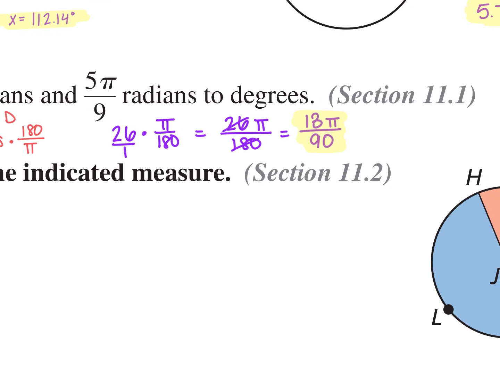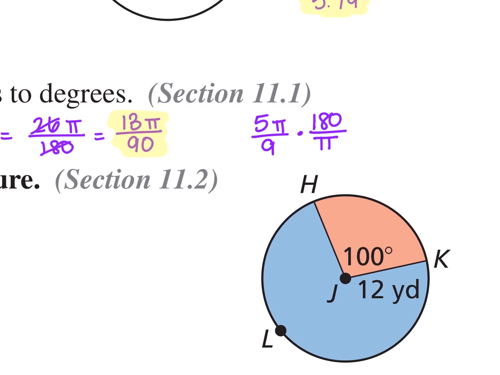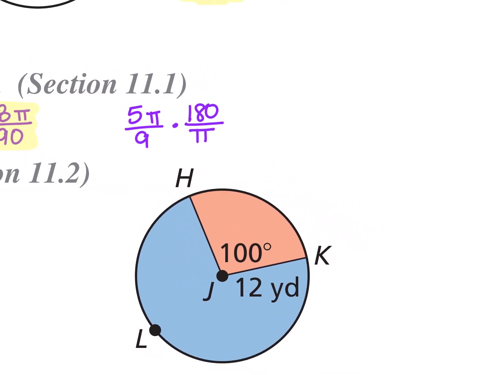Now I'm going to go ahead and convert radians to degrees. Okay, I'm going to have 5 pi over 9 times 180 over pi. Okay, looking at this one, I'm going to cross simplify. Please make sure you're cross simplifying correctly. My pi's are going to cancel out.